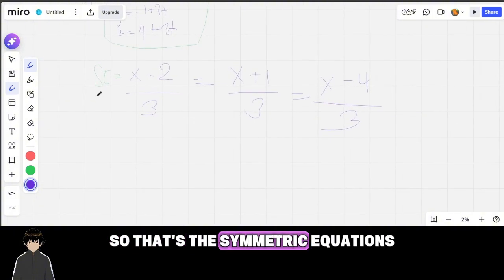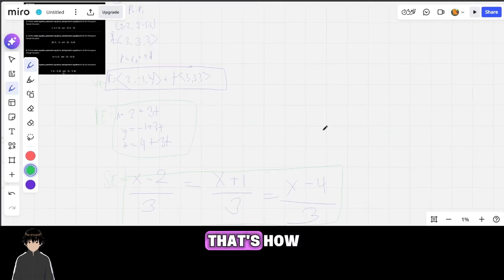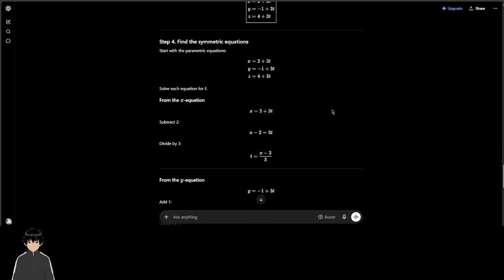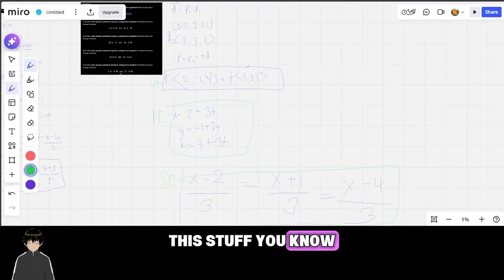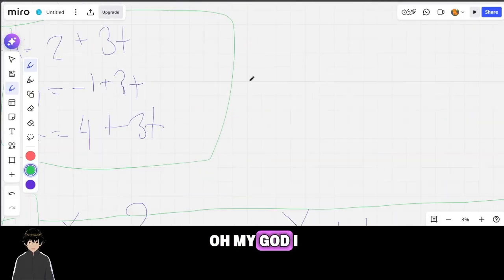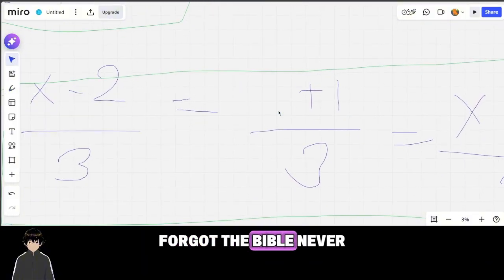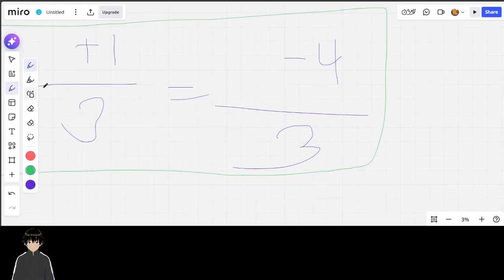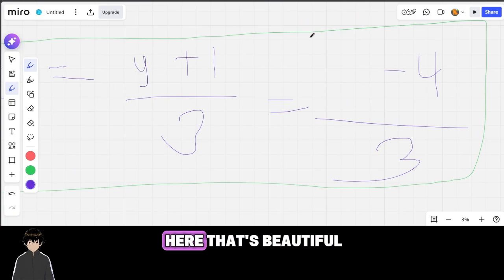So that's the symmetric equations, right? That's how you get it. Oh my god, I forgot the variable. Never forget the variables. Got y here and z here.